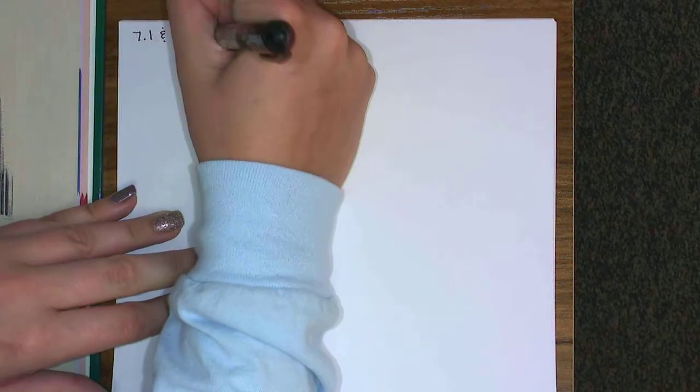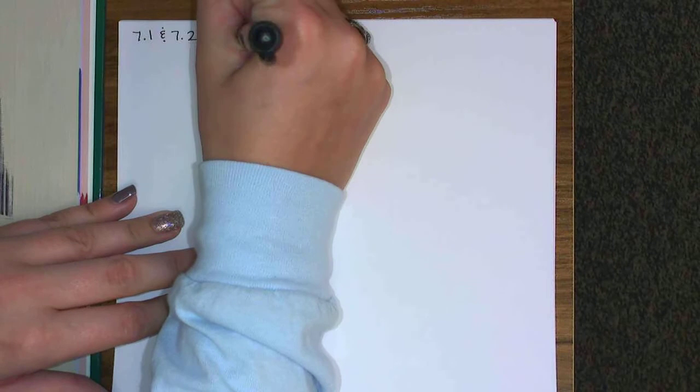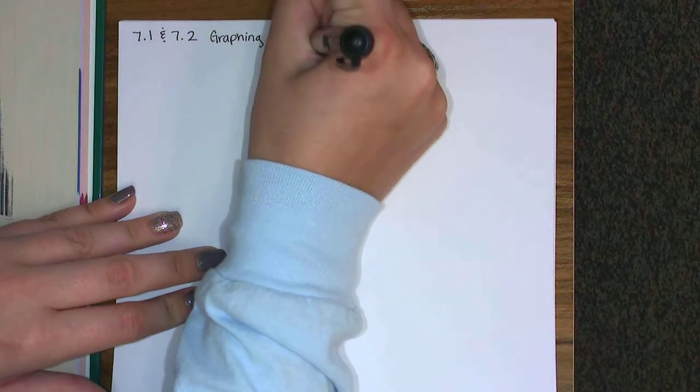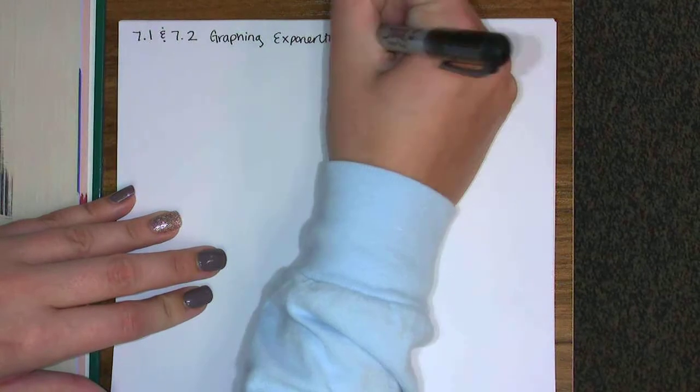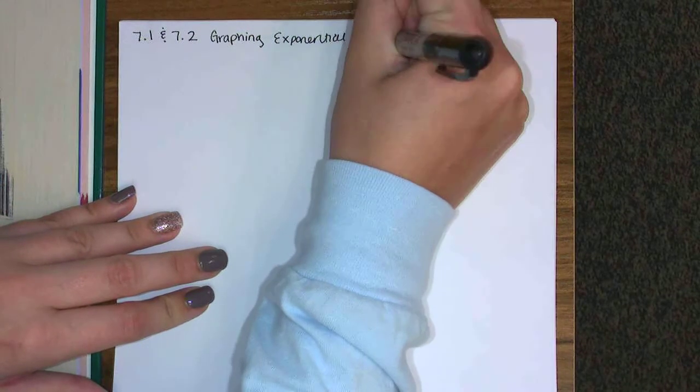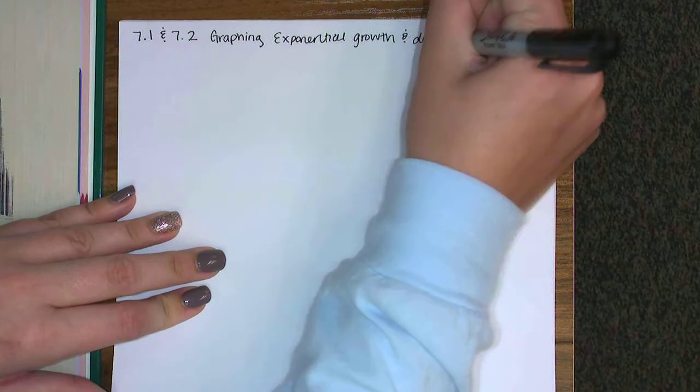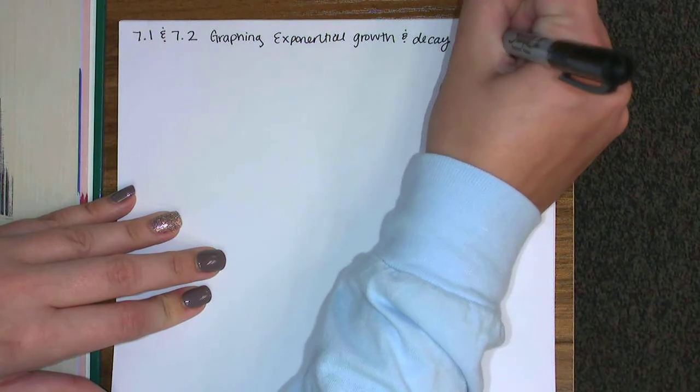So 7.1 and 7.2, it's going to be graphing exponential growth and decay functions. Okay, so a lot of books actually lump this together, which is why I am doing that here.